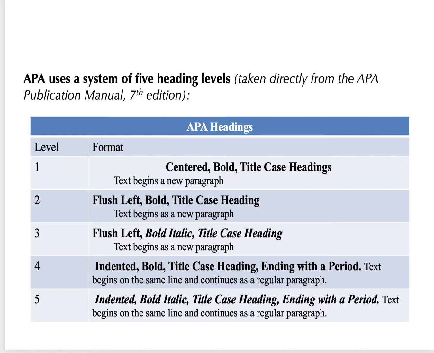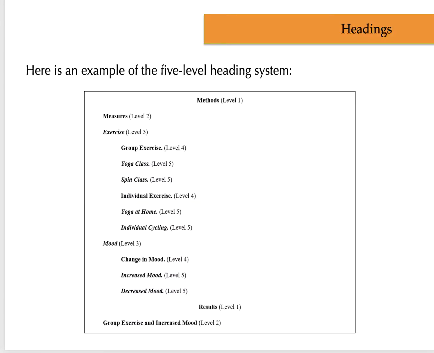So let's look at an example of this. You can see that Methods is the first level, the top level, and it is centered, bold, and title case. The next level down is where it says Measures, and that level is flush left, bold.